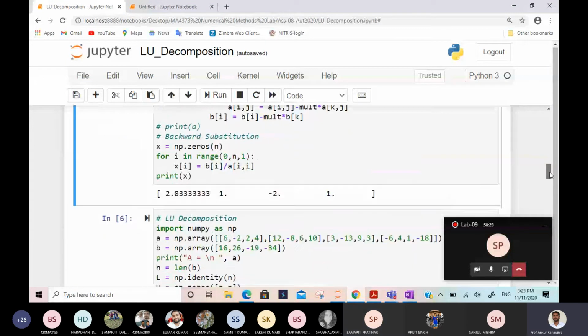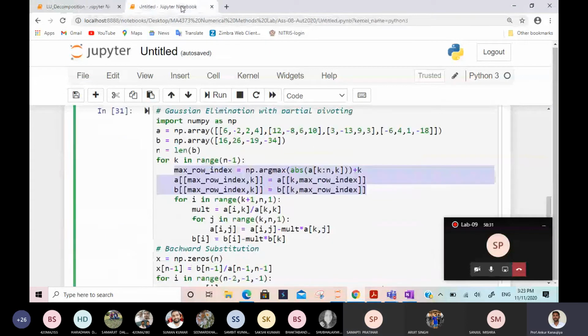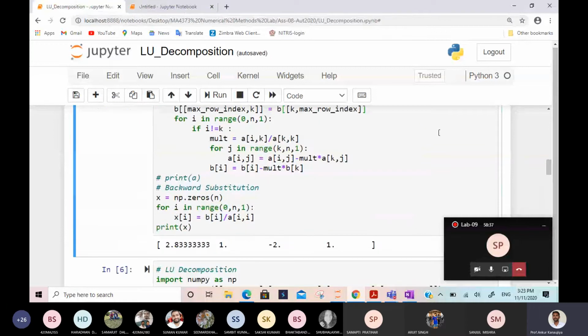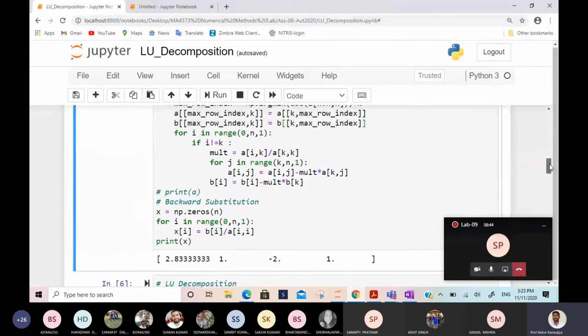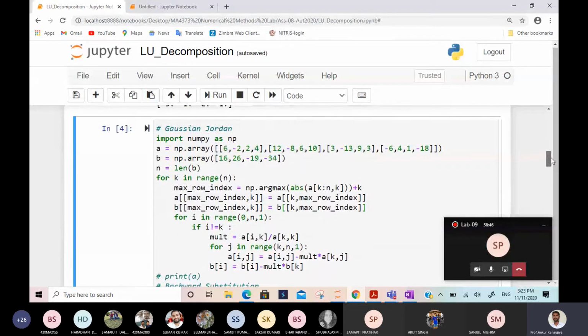The previous answer was 3 1 minus 2 1. But in Gauss-Jordan we are getting not 3, but 2.8, 1 minus 2 1.